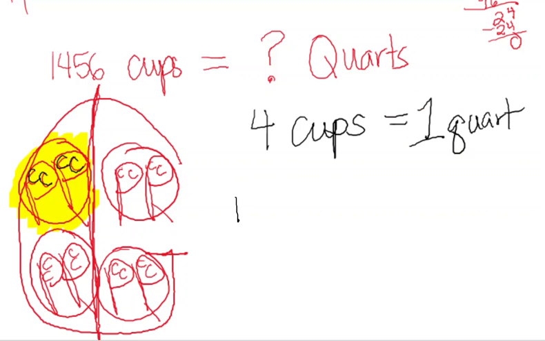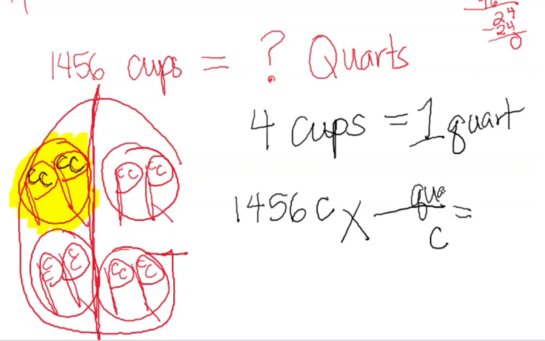Now I can take my 1,456 cups, multiply by the conversion factor that will cancel cups. To cancel cups, if I have cups on the top, I need to put cups on the bottom. And then I need to put quart on the top. And then I can fill in the 4 beside the cups, 4 cups in 1 quart.